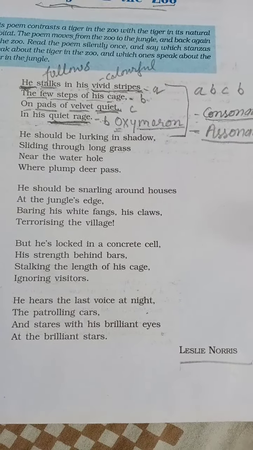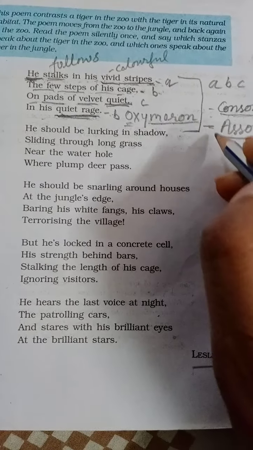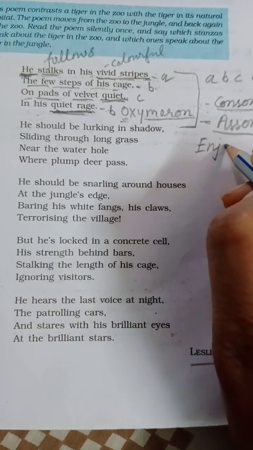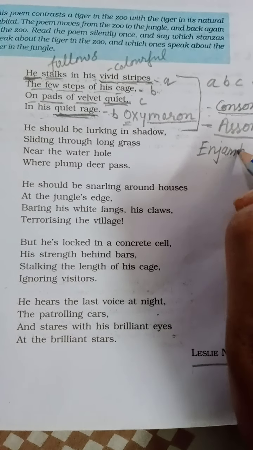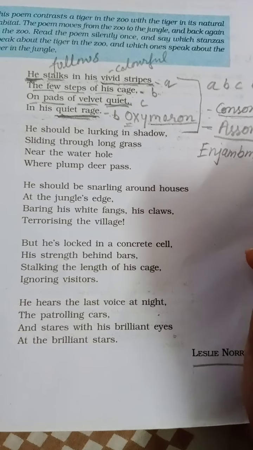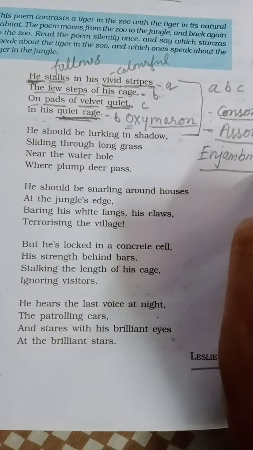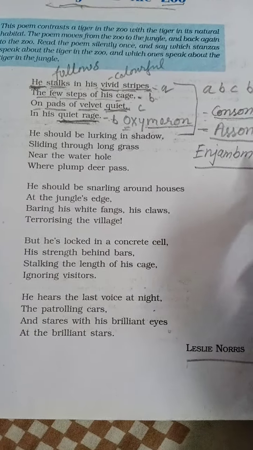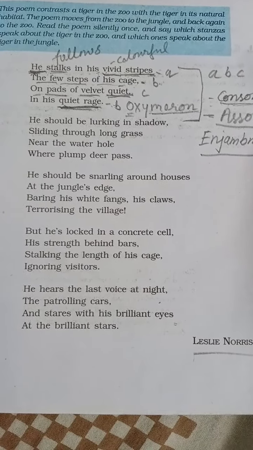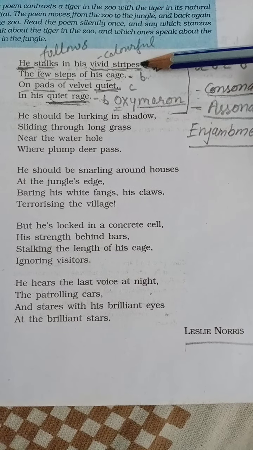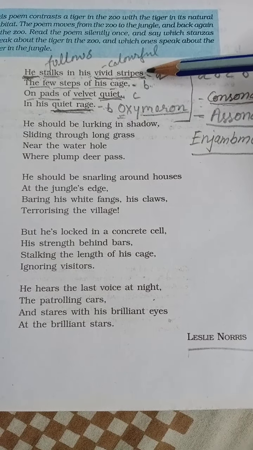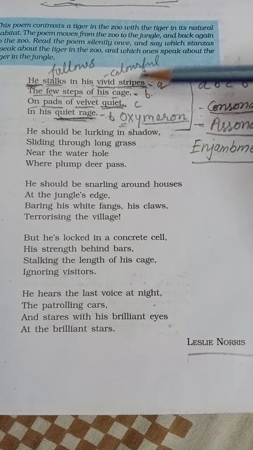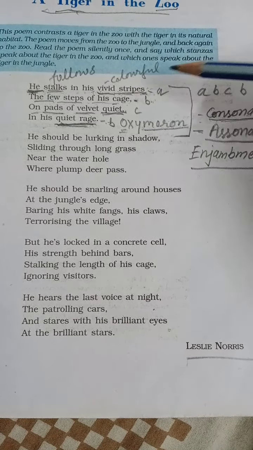And one more, it is called enjambment. Very frequently we come across this poetic device, enjambment, when we have two lines or more than two lines without any pause, without any full stop, without any punctuation mark.